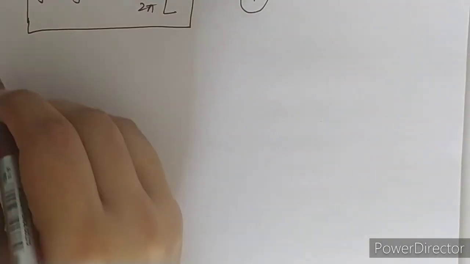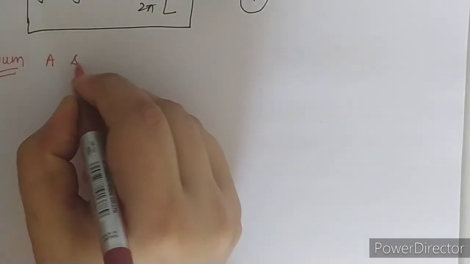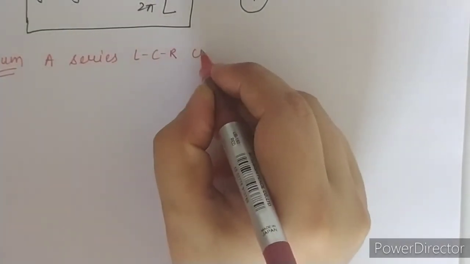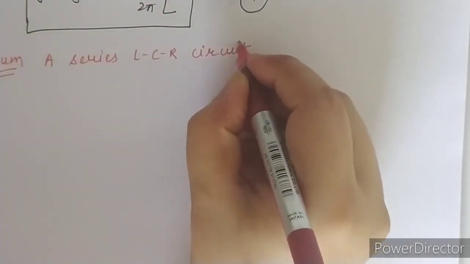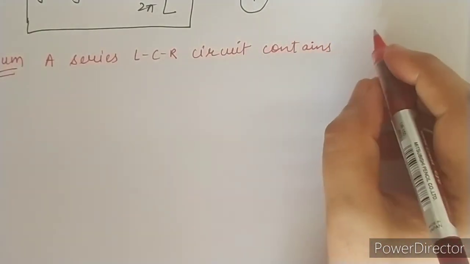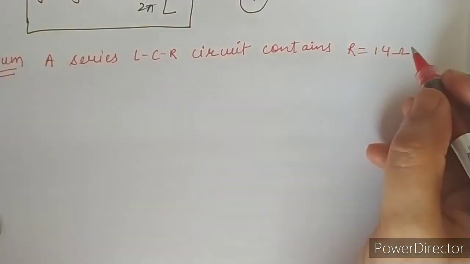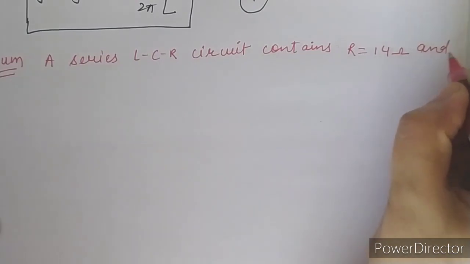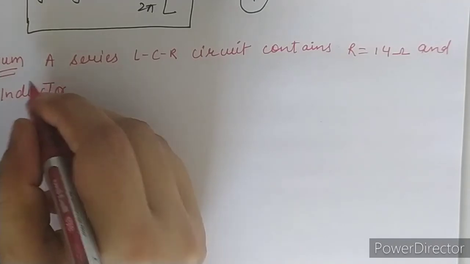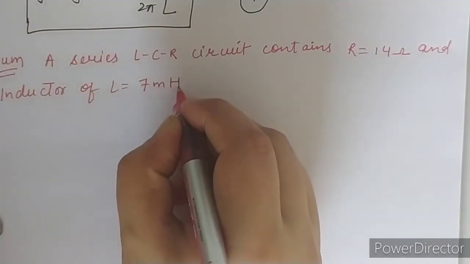Okay. Now the numerical for your homework: a series LCR circuit contains R equal to 14 ohm and an inductor of L equal to 7 millihenry.